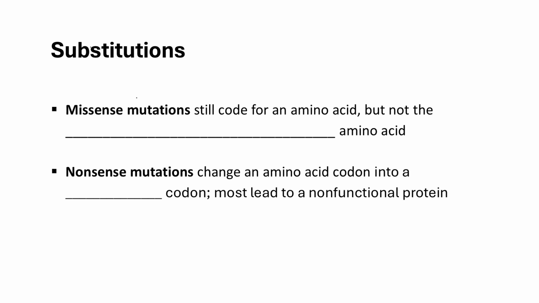Two other substitutions we can have are missense mutations, which still code for an amino acid, but not the correct amino acid, and nonsense mutations, which change an amino acid codon into a stop codon. And what this means is that it stops the translation of the protein prematurely, which is going to lead to a non-functional protein.